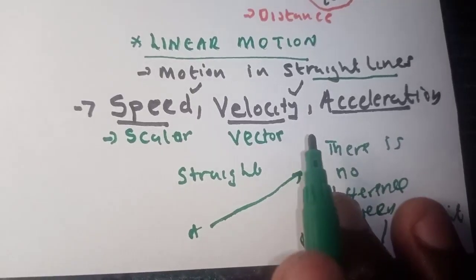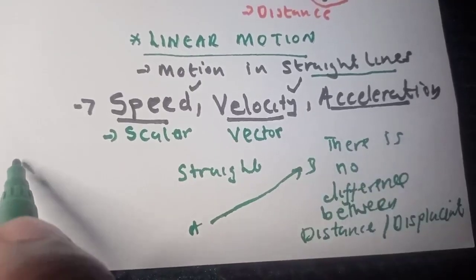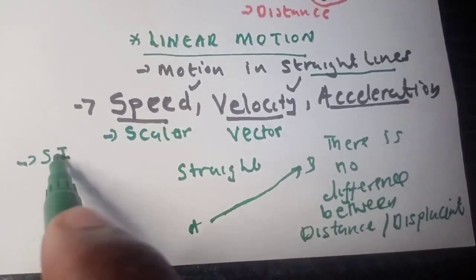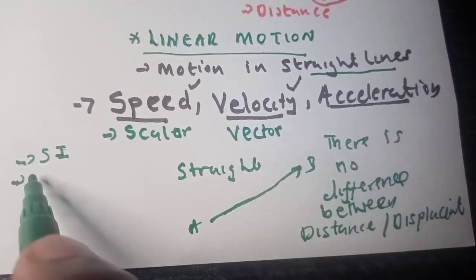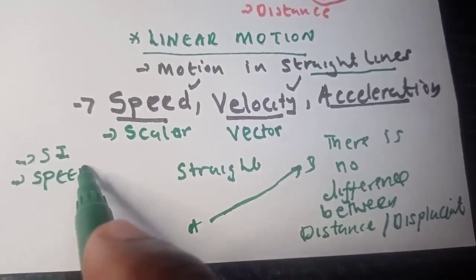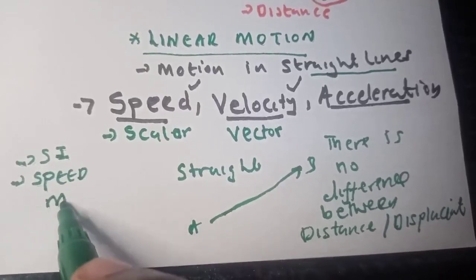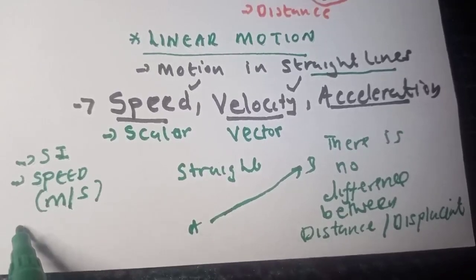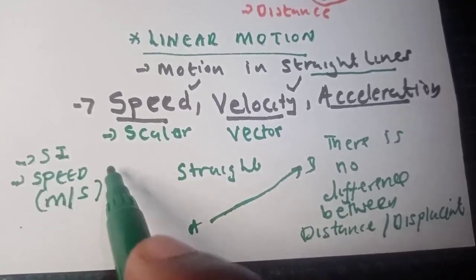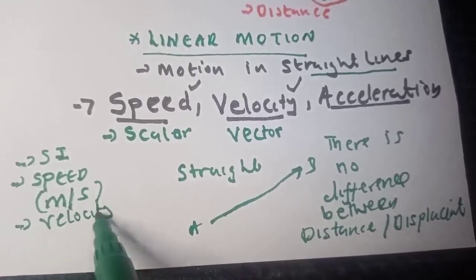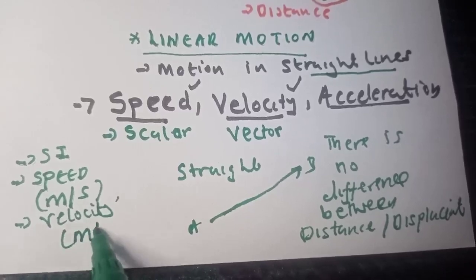That is the reason why when you look at the SI units for speed, they are simply meters per second. The same thing for velocity: SI units are meters per what?